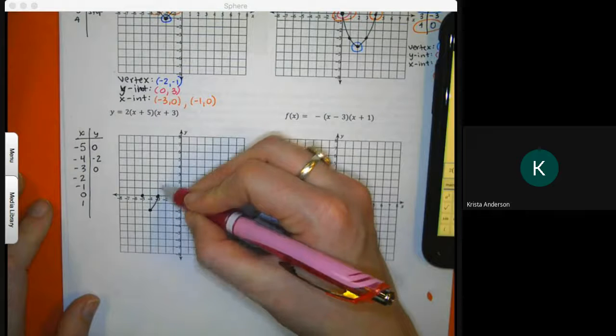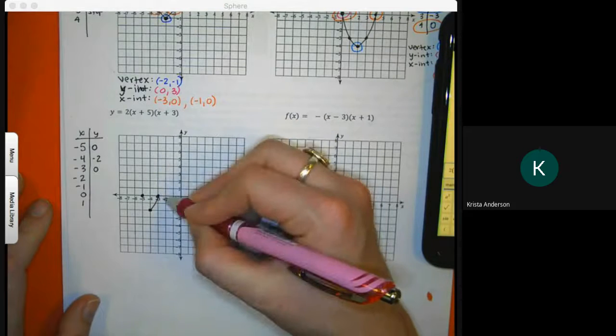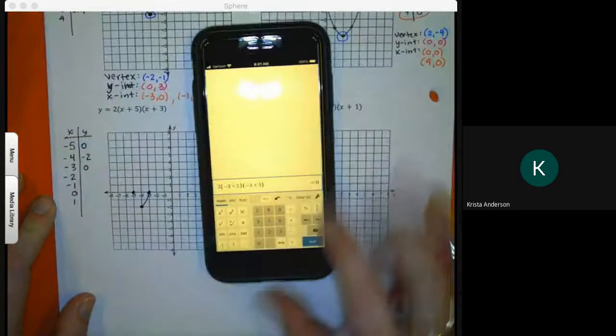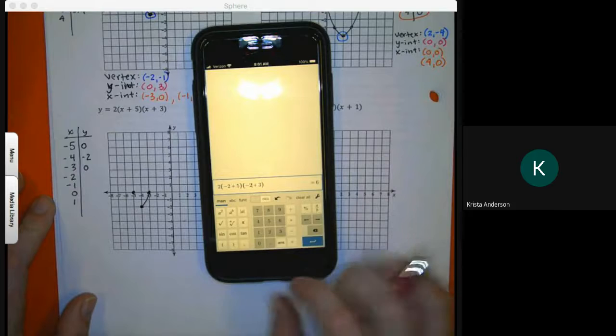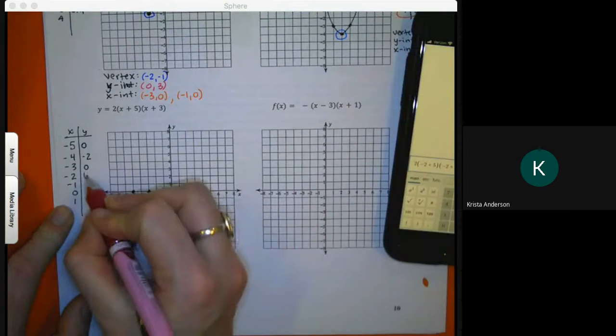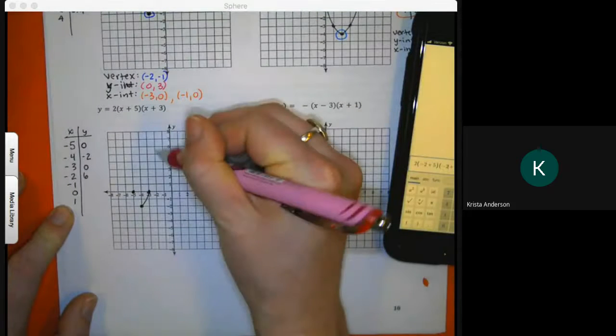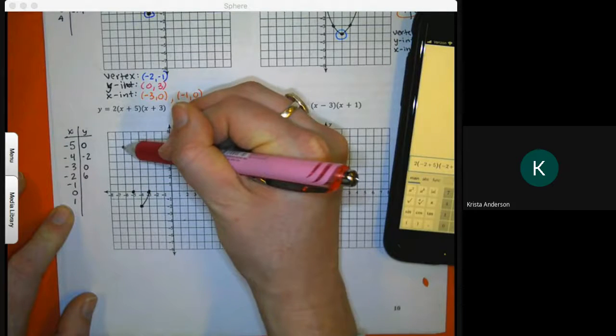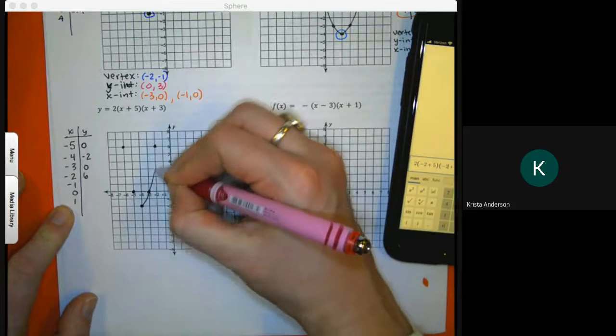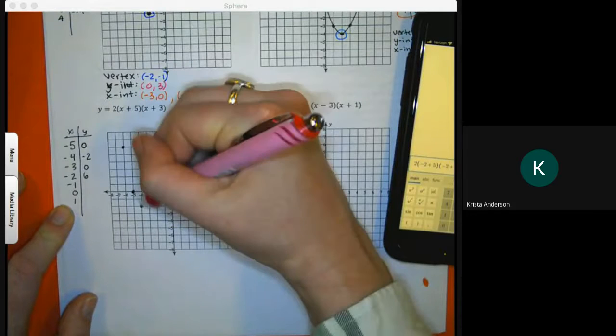If you want help to guide, I can plug in a -2. -2 would be at 6, which means -6 would also be at 6 if I want help graphing the parabola.